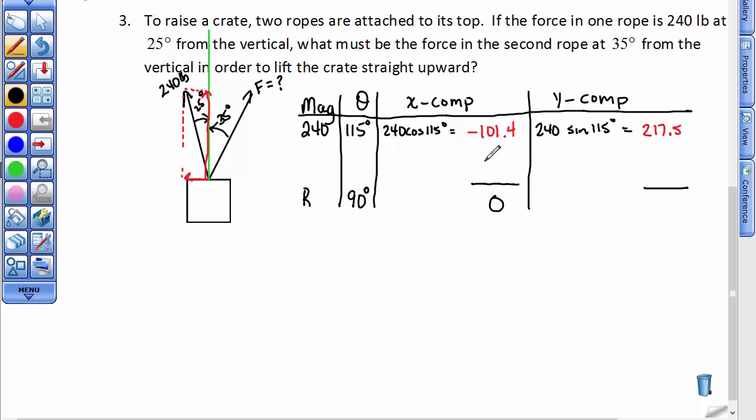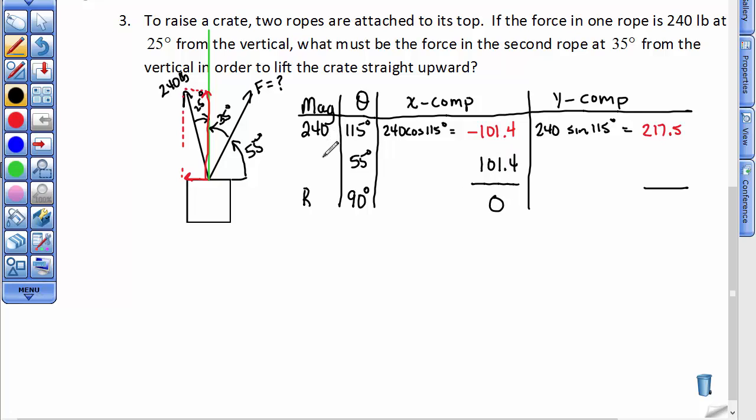So what I need to have happen then is this other force, the one I'm speaking of right here. This is a 35-degree angle, so this angle right here would be 55 degrees, is that right? So this is 55 degrees, but what I do know is I want the x component to be 101.4 because I want these two numbers to add to 0.